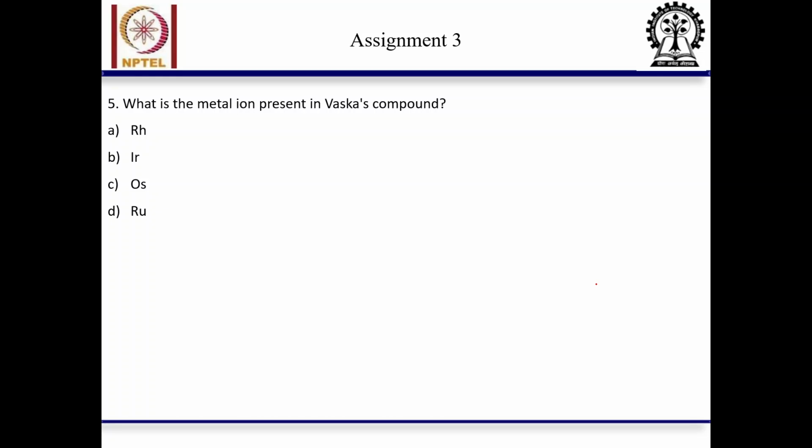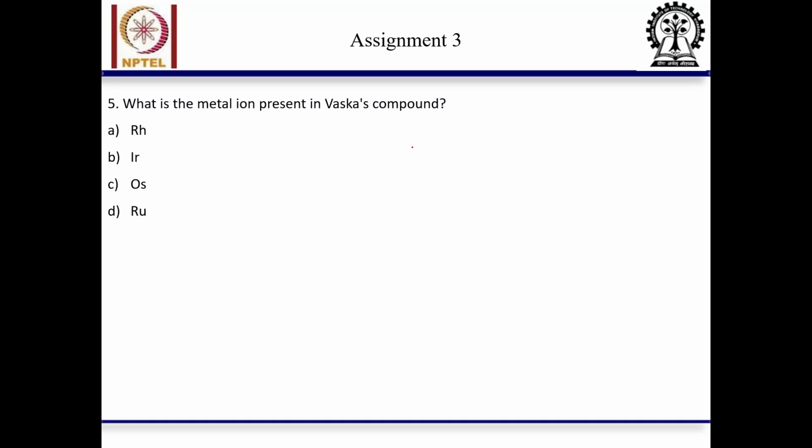The Vaska complex is named after Vaska, the scientist who gave that complex, which has an affinity to form a metal-olefinic bond. So the Vaska complex will give the metal-olefin complex once we treat it with ethylene. What is the Vaska complex?